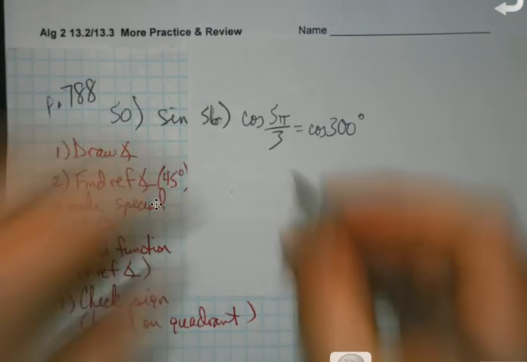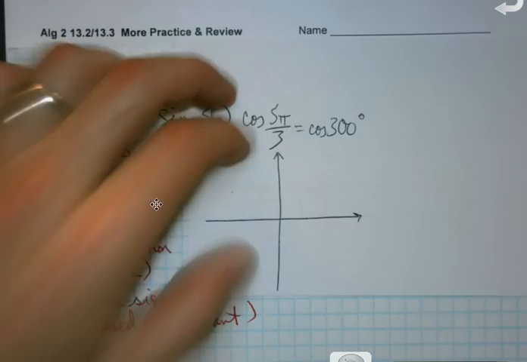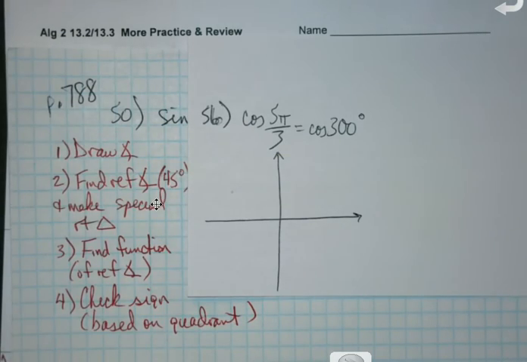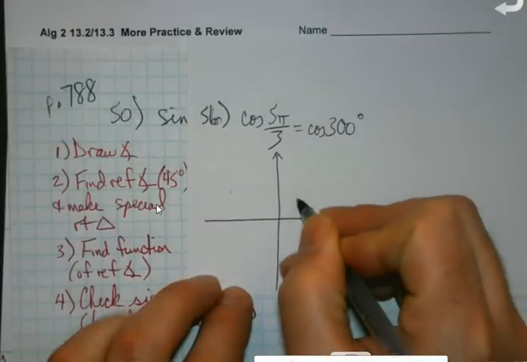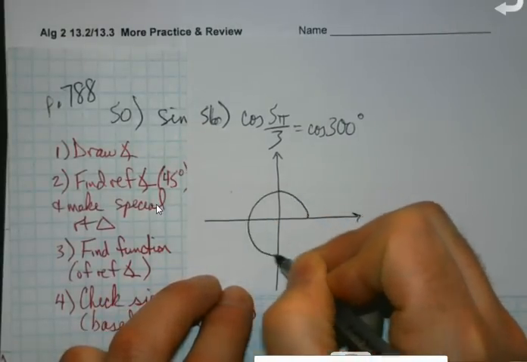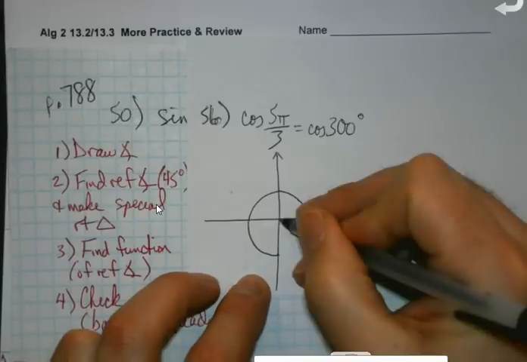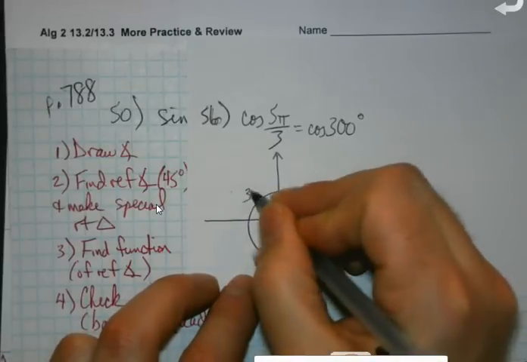So, all right, here we go. Get my little grid drawn in here. So 300, it's positive. So I'm going to go counterclockwise. So 90, 180, 270, and I need another 30. Okay, so here's my 300.